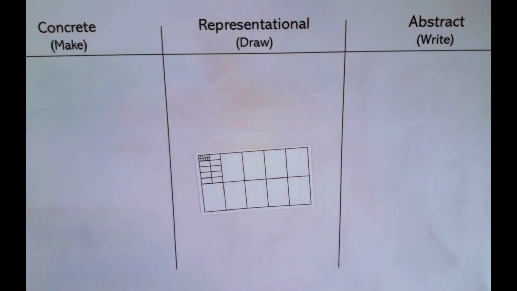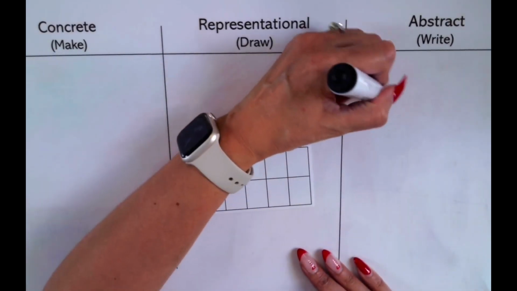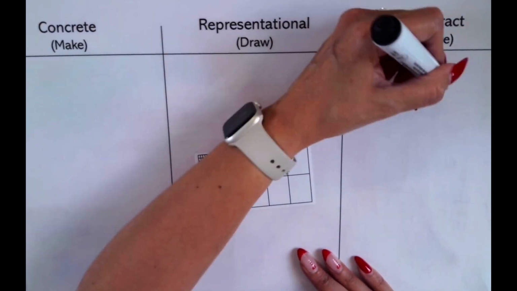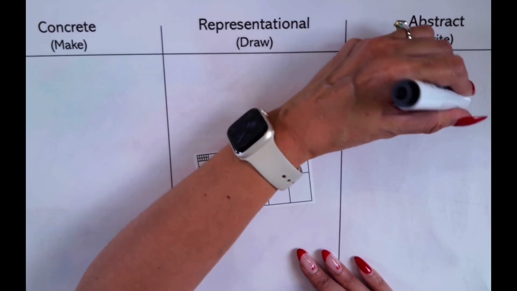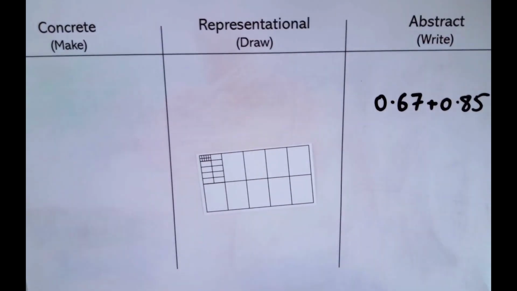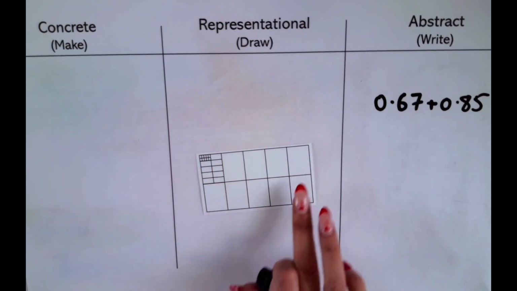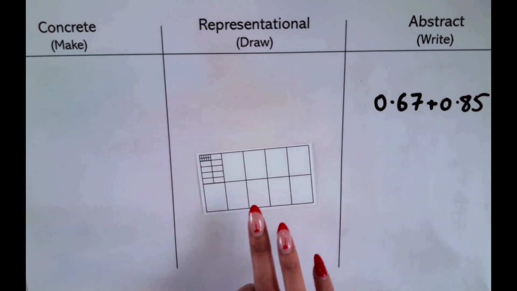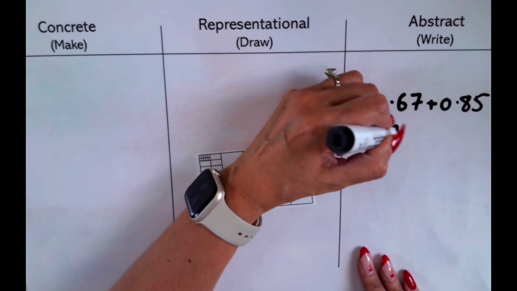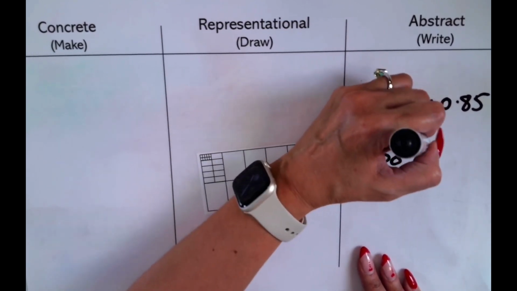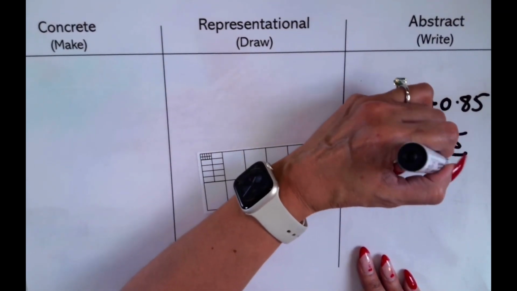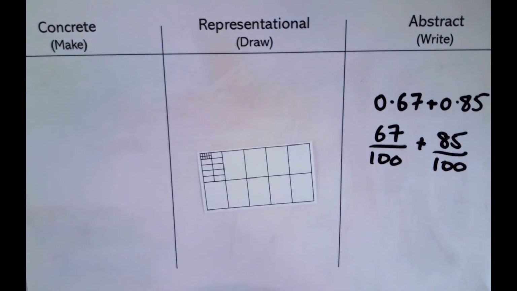Now, obviously, if you've got a different fraction like 0.67 plus 0.85, you would repeat those processes, but again, you would color the appropriate parts of your decimat. You would get the students to rewrite this as a decimal fraction because we want them to start making those connections.